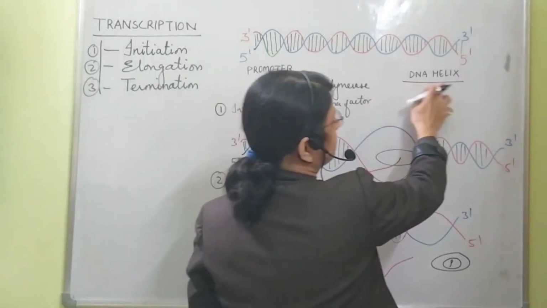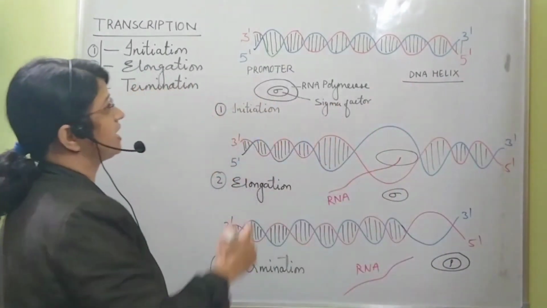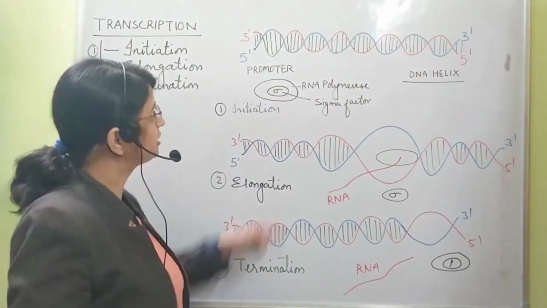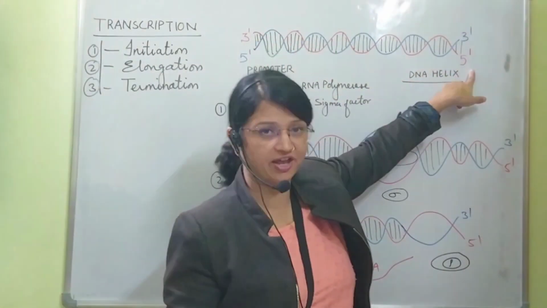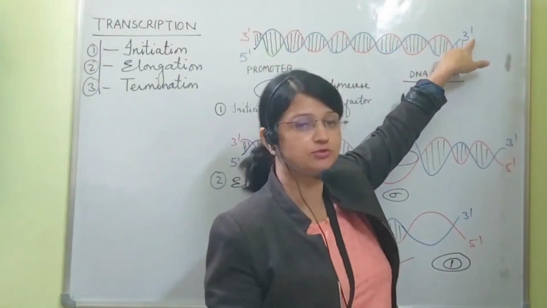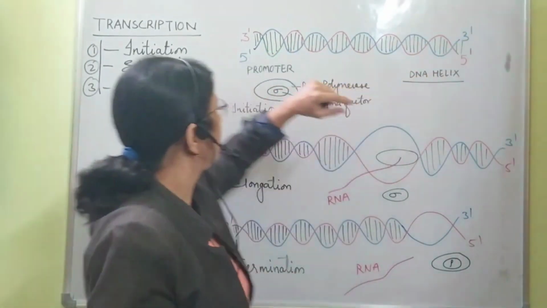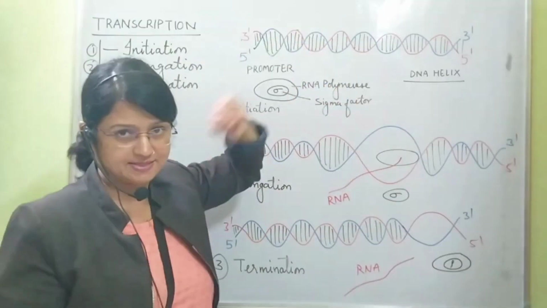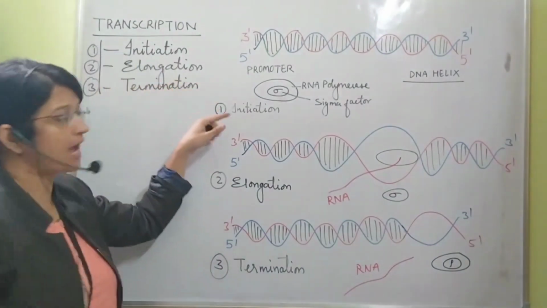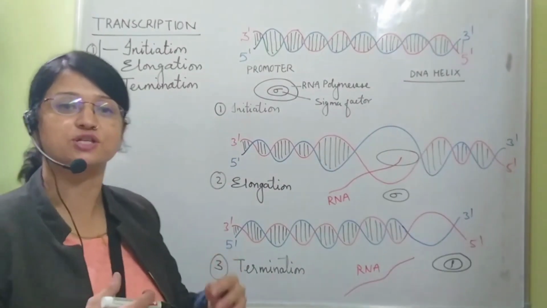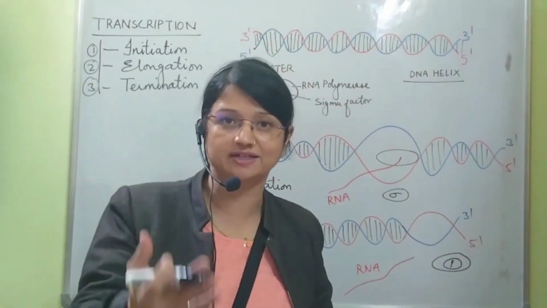Here we can see a DNA helix. This DNA helix has two strands, a template strand having the polarity 3' to 5' and a coding strand having polarity 5' to 3'. In between the two strands there are hydrogen bonds. So what happens when the process of transcription is to be started?